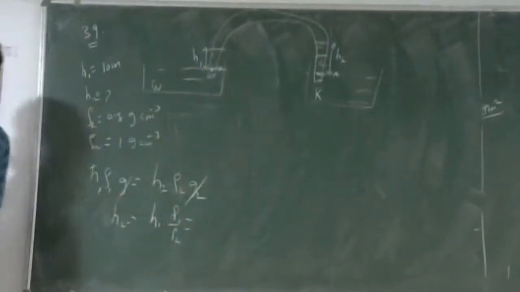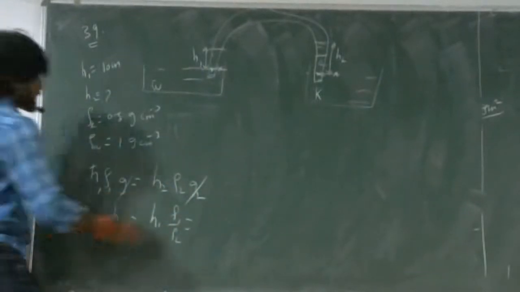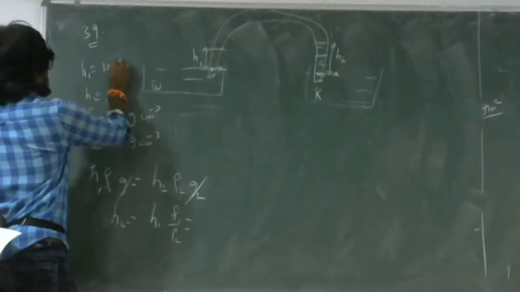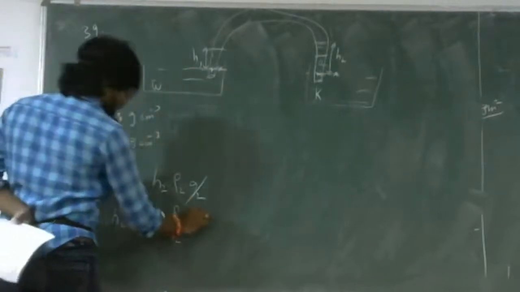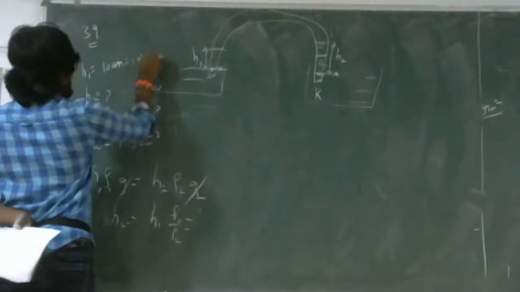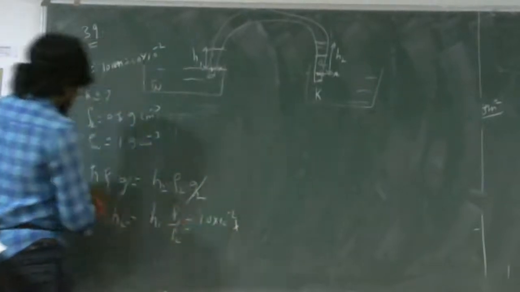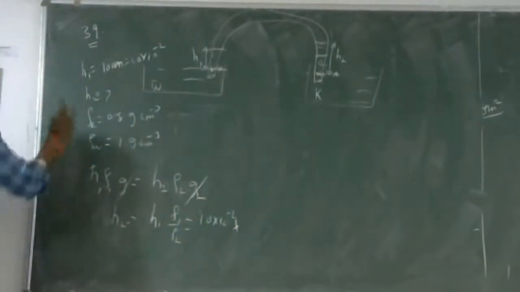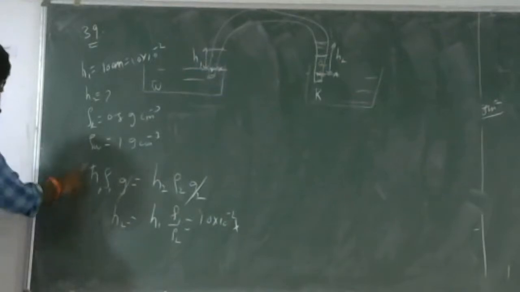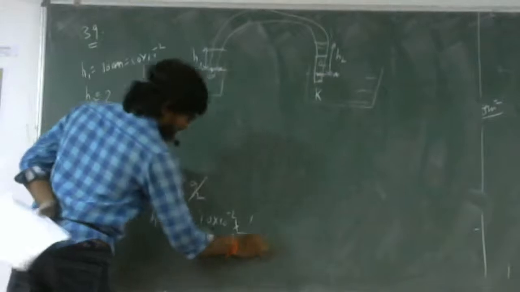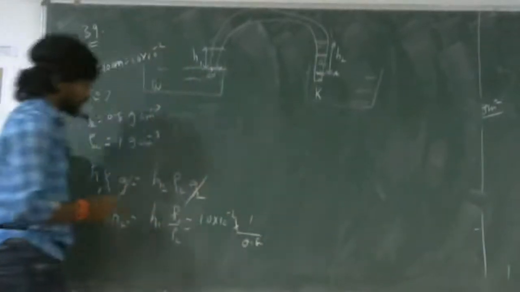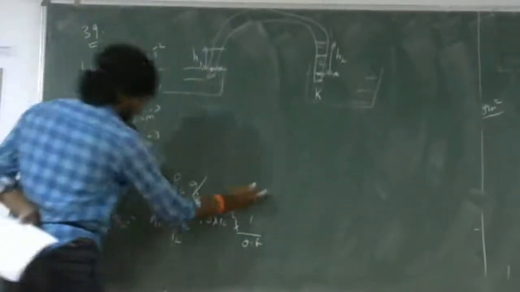Yes, that's it. So H1 is how much? 10 centimeters. So it is equal to 10 to the power minus 2 meters. Rho 1, the first one is water, right? So water density is 1, and for kerosene 0.8 gram per centimeter cube. All are in CGS, so let us take that.